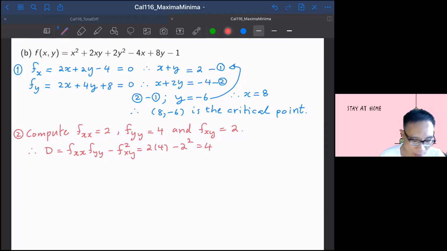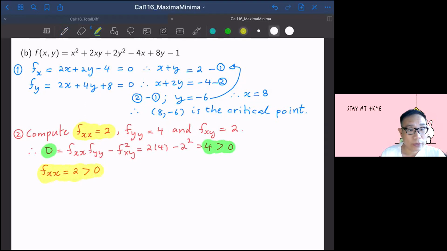equal to 4. Okay, and this will be positive. So you have D equal to 4, positive in this case. And you have fxx equal to 2, which would be also positive.